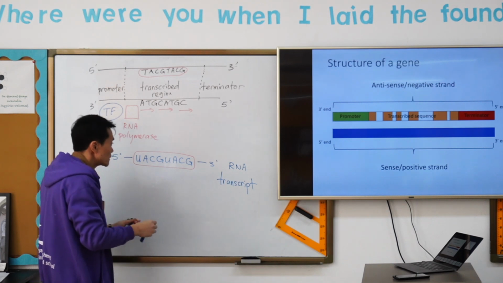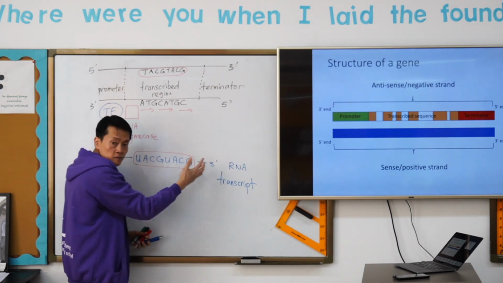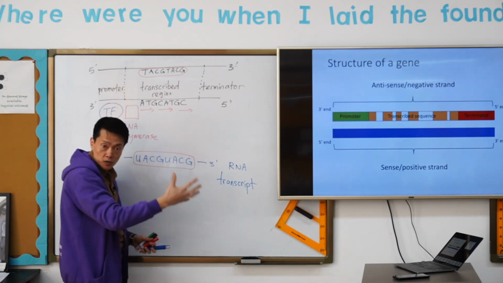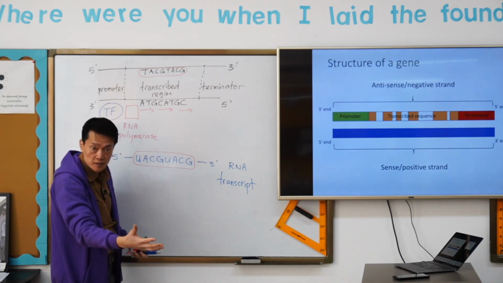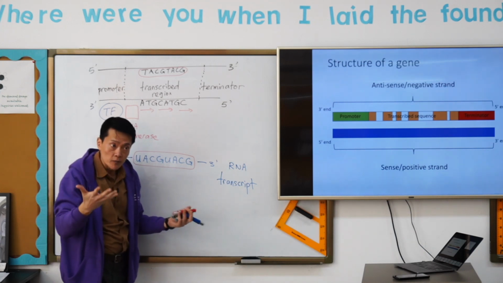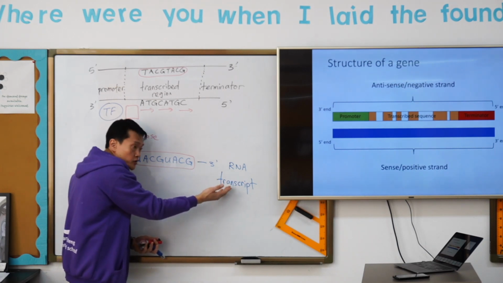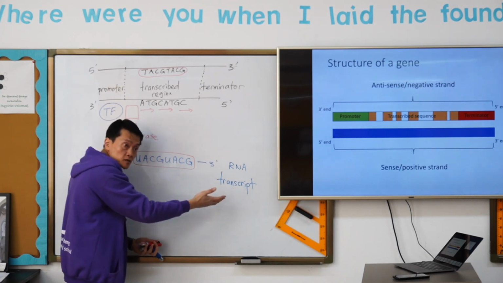Now remember, what is the job of the RNA transcript? It will leave the nucleus of the cell, go into the cytoplasm, and then the other organelles, specifically the ribosome, will then use the code on the mRNA to make protein.